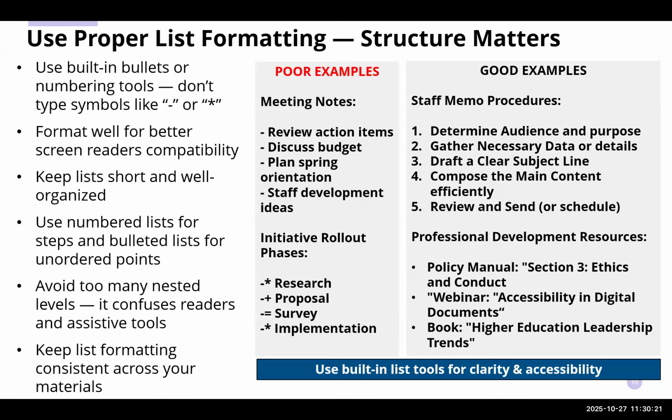Keeping your list simple also really matters. Try not to nest more than one level of sub-bullets, because multiple layers can become confusing both visually and for screen reader users. So make sure that it is not too multi-leveled.